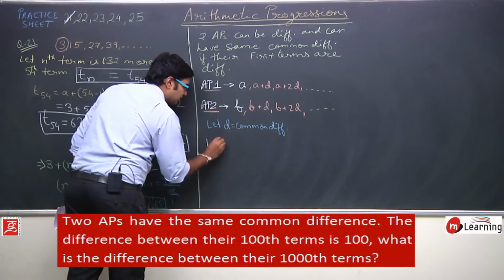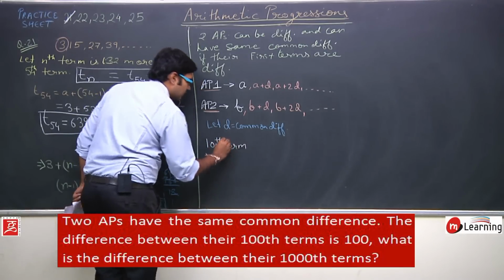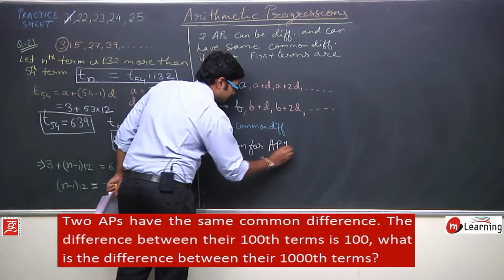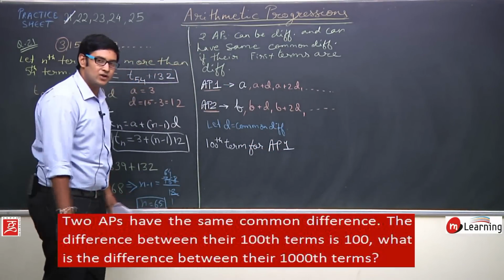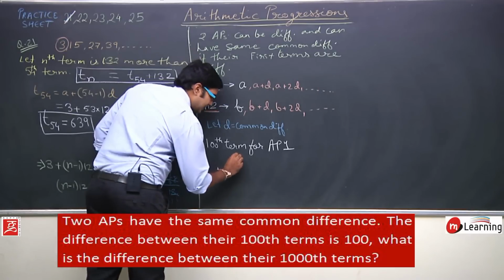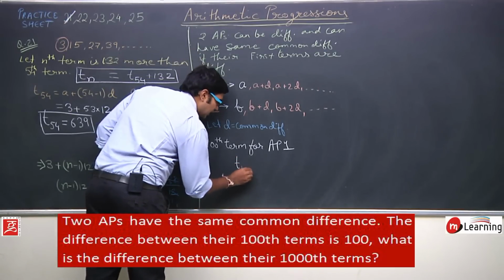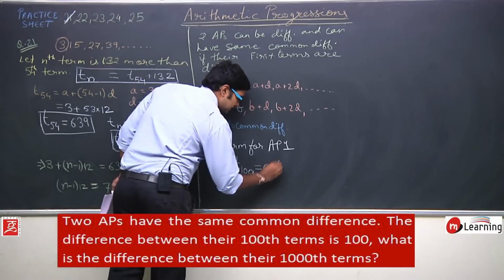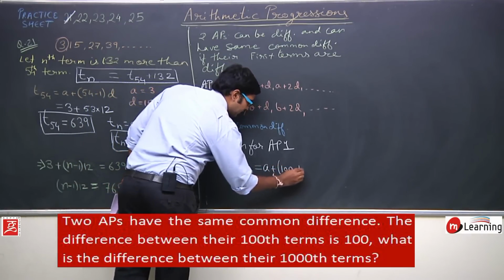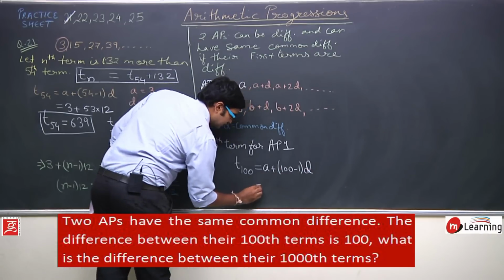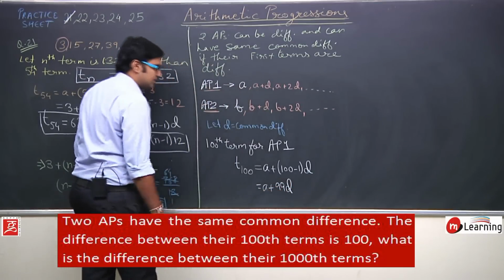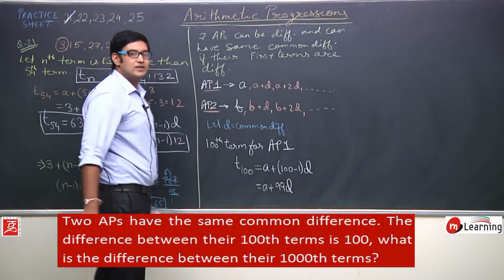The 100th term for AP1, let us say it is small t100. It will be equal to A plus (100 minus 1) into D, that is A plus 99D. This is the 100th term of the first AP.